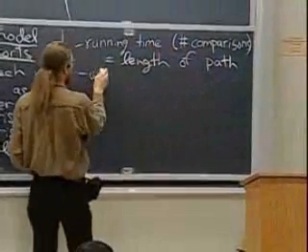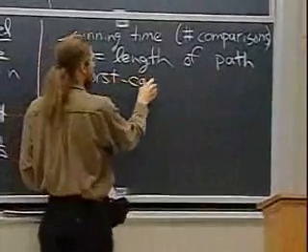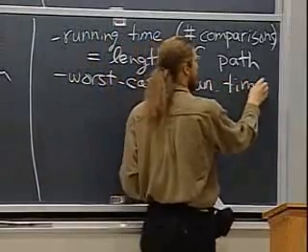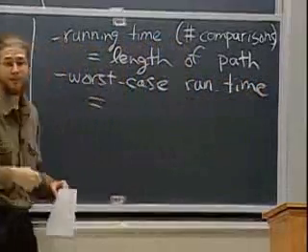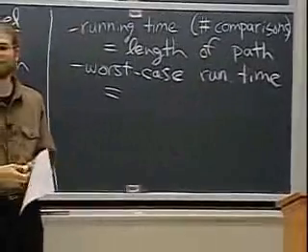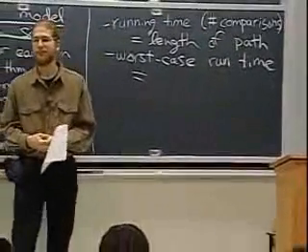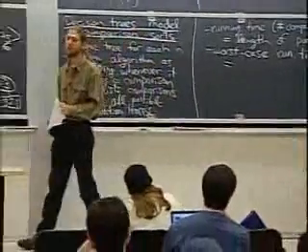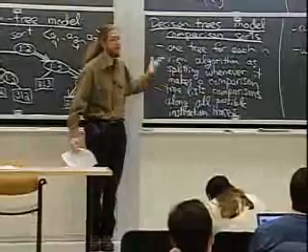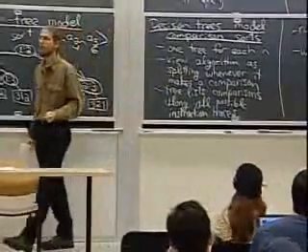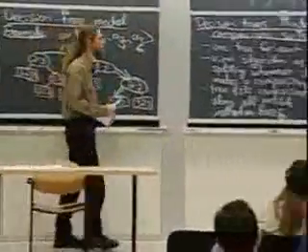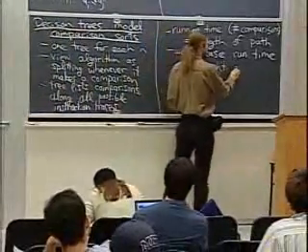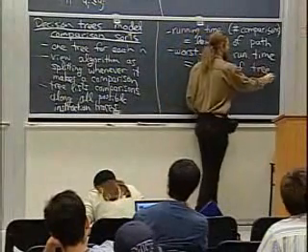And therefore, the worst case running time over all possible inputs of length n is going to be, as a function of the decision tree, the longest path, which is called the height of the tree. Okay, so this is what we want to measure.